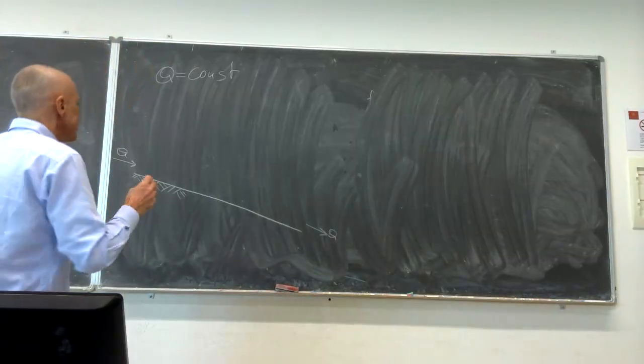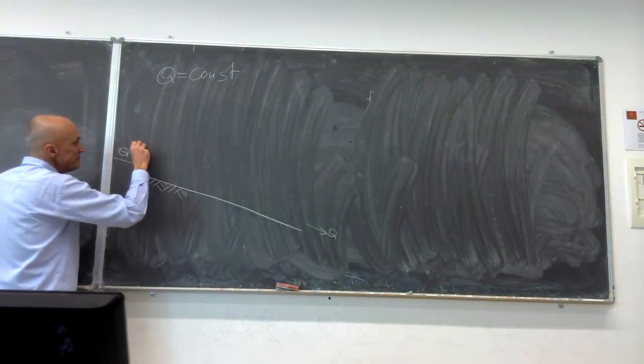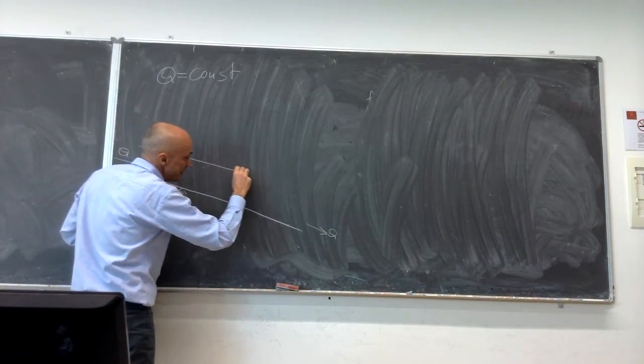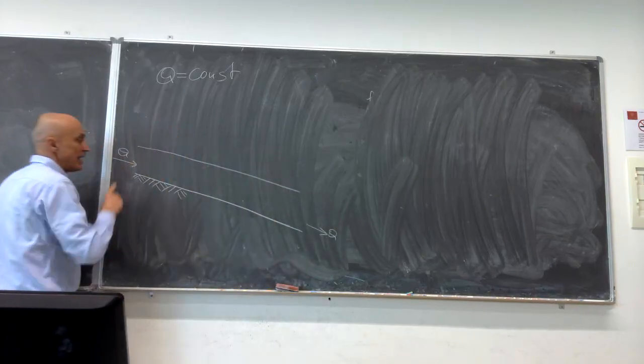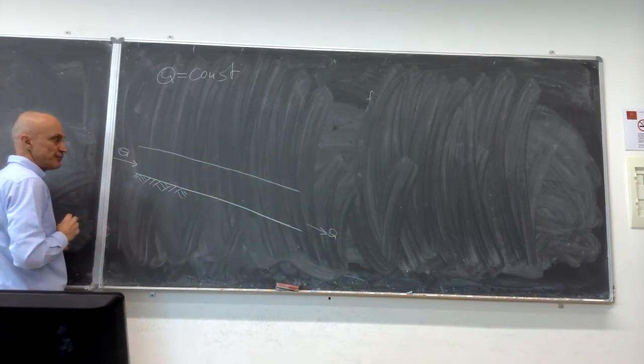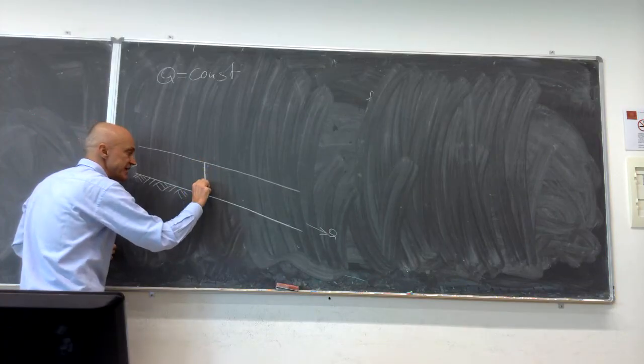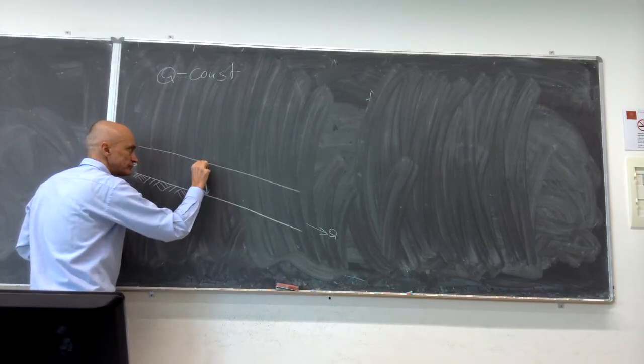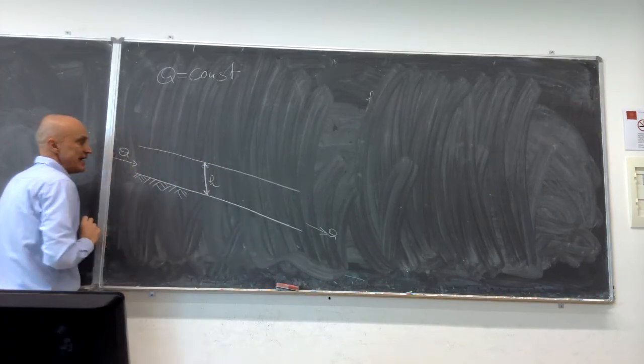This is the water depth, H, in a given river cross-section. This is the water level.